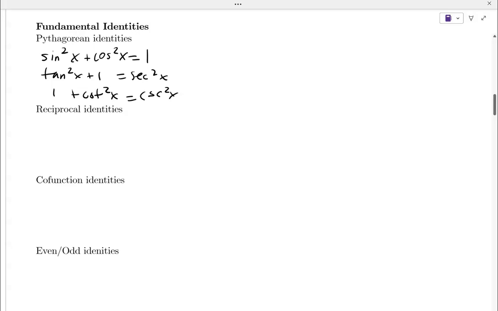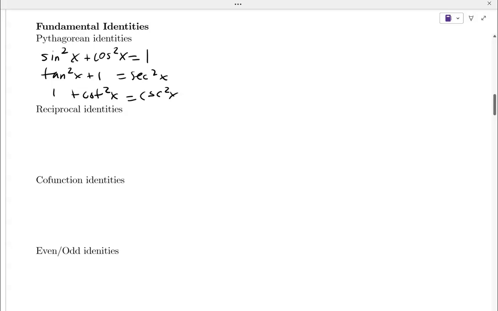It's important also to be able to manipulate these things around. For example, I've already written as an example, if you have 1 minus cosine squared, you get sine squared, right? Or if you did secant squared minus tangent squared, you get 1, for example, right? It's important to recognize the manipulations. It's also very important to recognize what aren't manipulations.